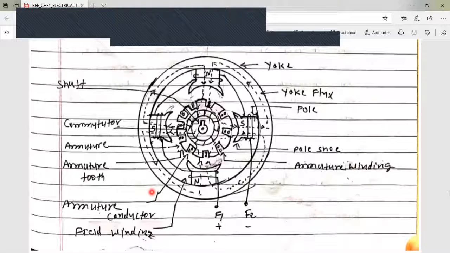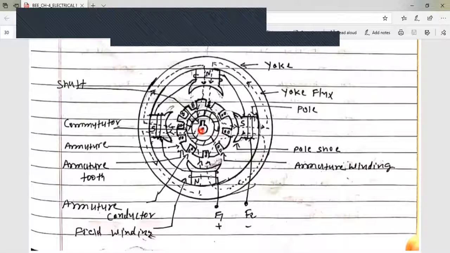Now, armature winding, this inner portion. On this inner portion, these are the armature conductors. Those double dots are the armature conductors. These are the armature slots. Inside the armature, there is a commutator, and the inner part is the shaft.